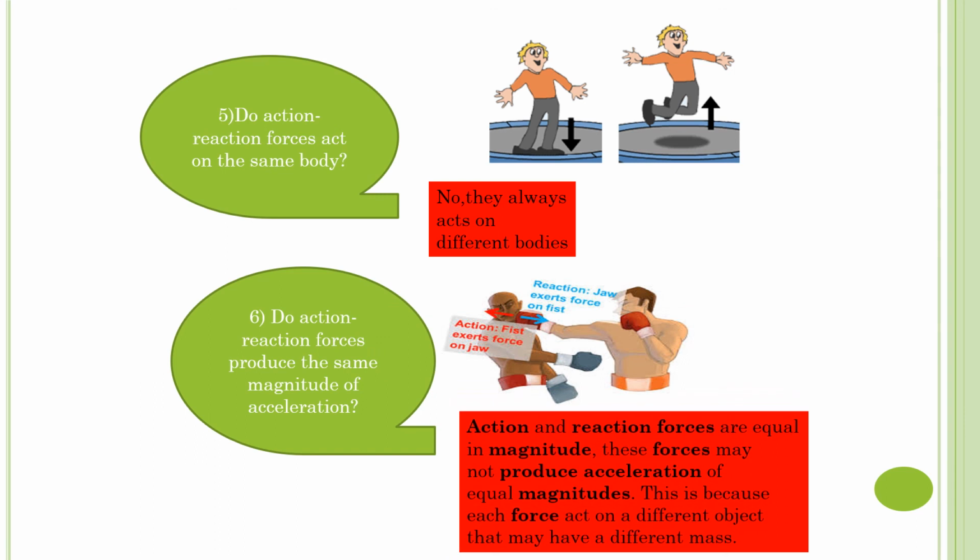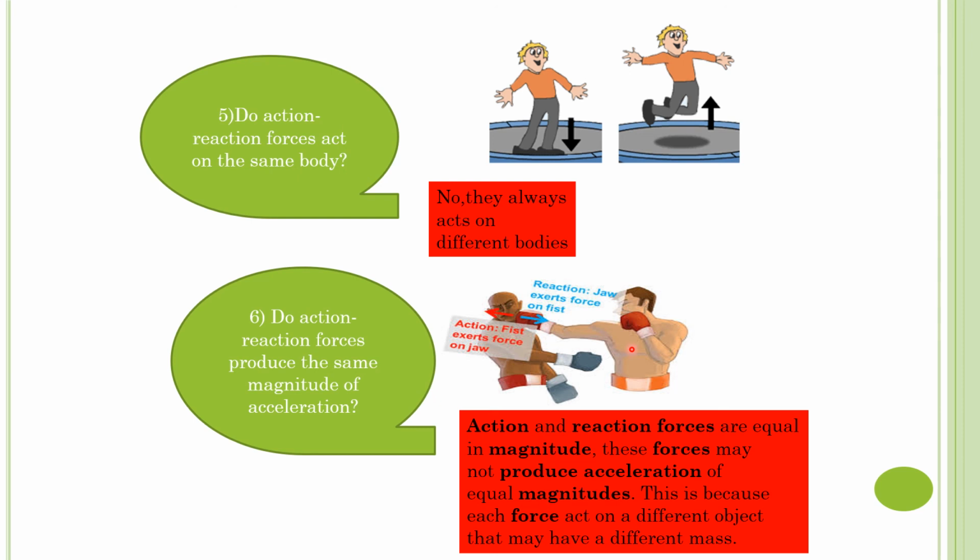So the answer is, though action and reaction forces are equal in magnitude, we know that an action-reaction pair is always the same in magnitude, but these forces may not produce acceleration of equal magnitude. Why? Because each force acts on a different object, which have different masses.